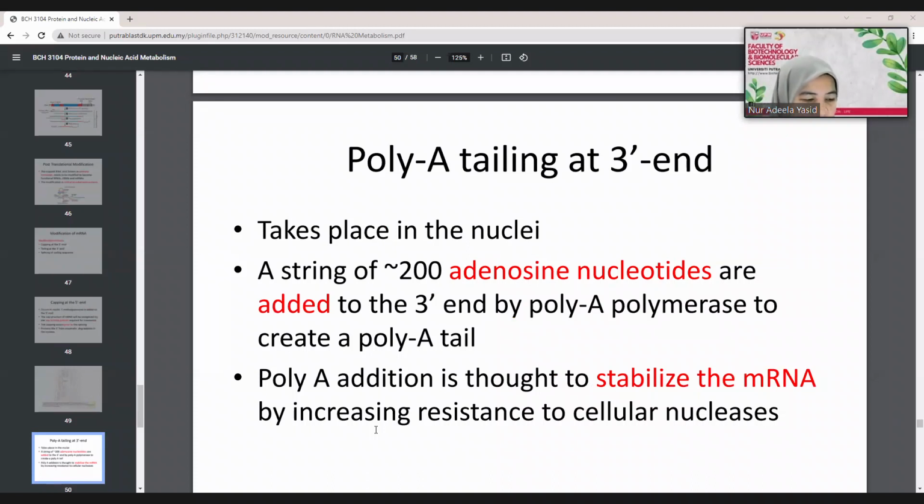It helps to stabilize the mRNA by increasing resistance to cellular nucleases. Basically it helps to protect the mRNA by having something at the beginning and also at the end of the transcript. At the beginning we call it capping. At the end of the RNA transcript we call it tailing by adenine.